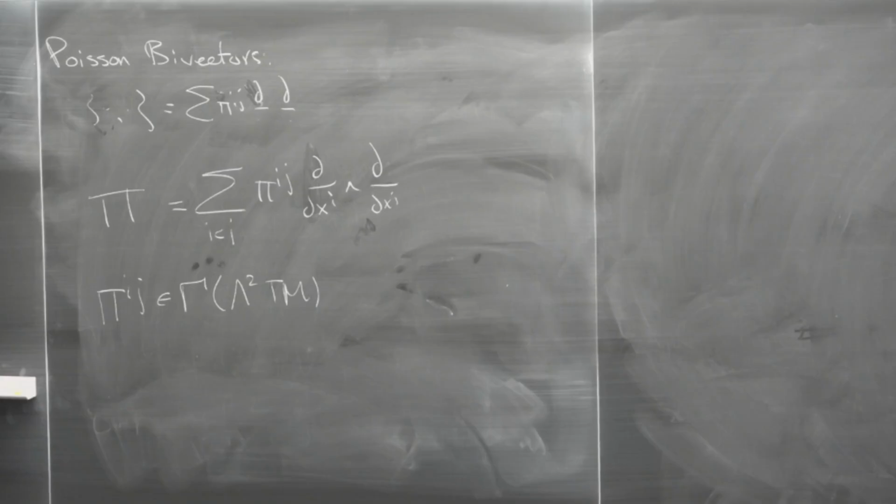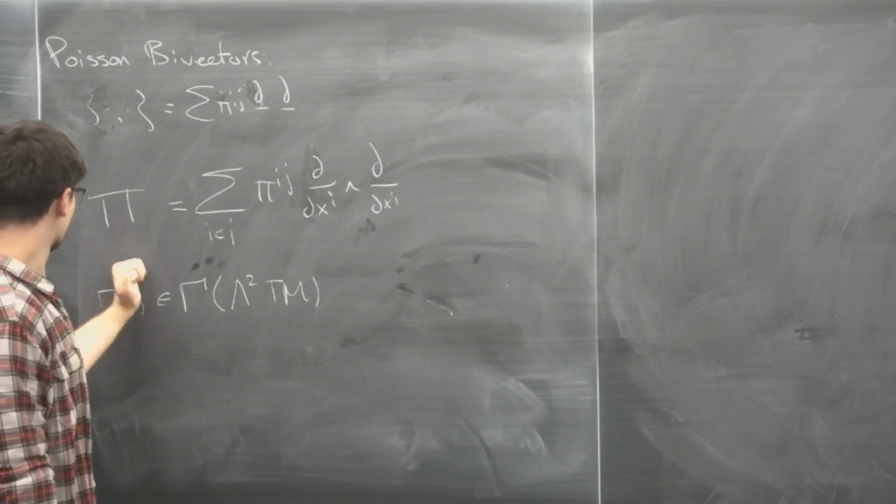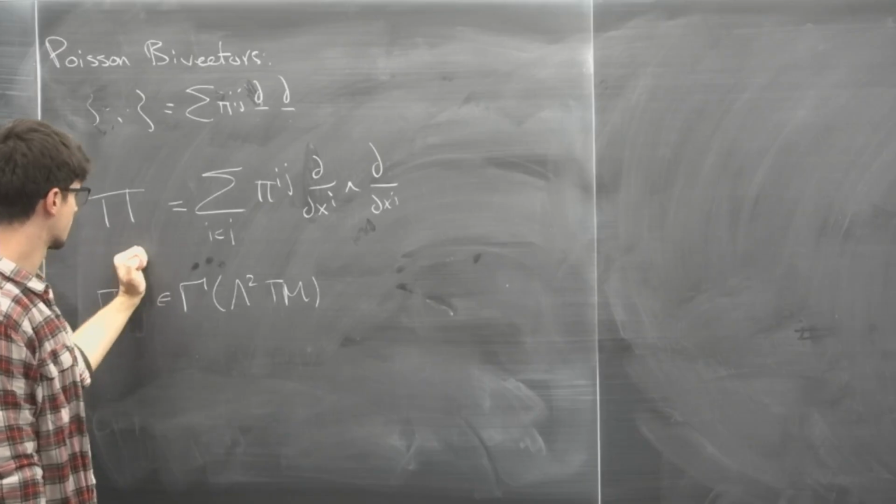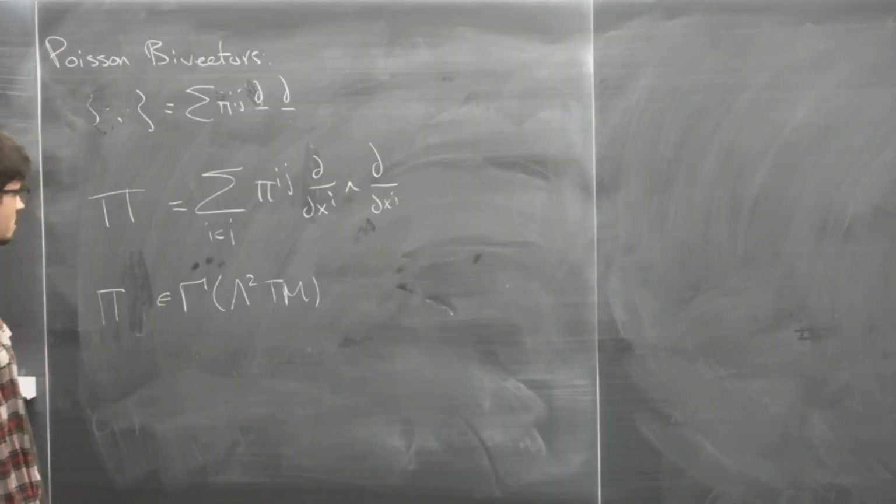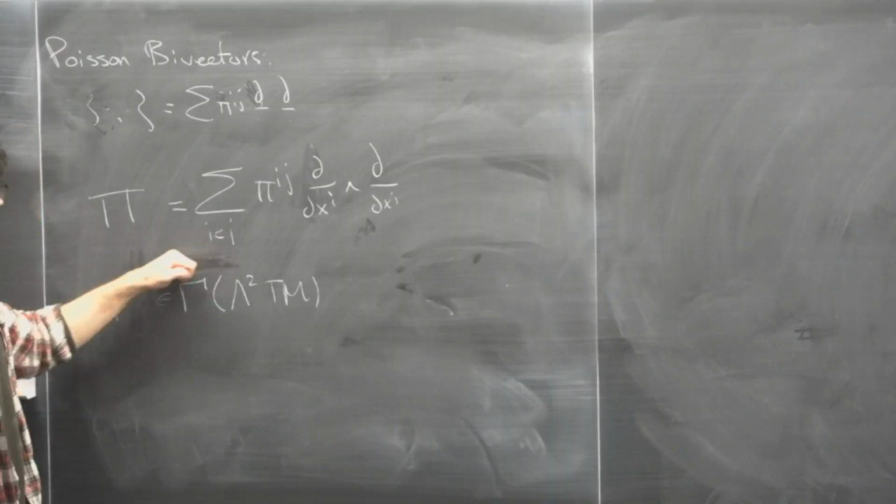Why should the pi_ij take in vector fields and not just points? Oh, so you're saying pi should be that? Not pi, it should be this, I think. That makes sense, because that's returning components. Yep. There you go.